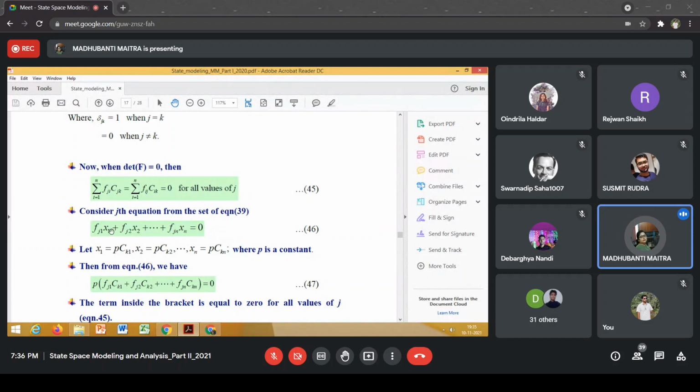In place of x1, we are substituting p into ck1, and in place of x2, we are substituting p into ck2. Hence, this equation has this form: p into fj1 ck1 plus fj2 ck2 plus dot dot dot fjn ckn, and that will always be 0.